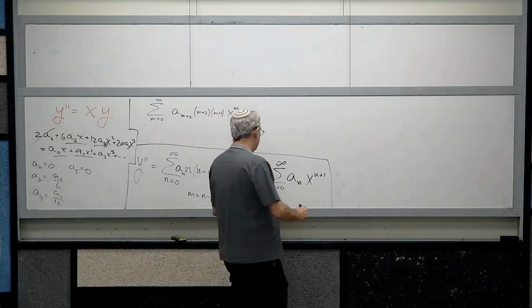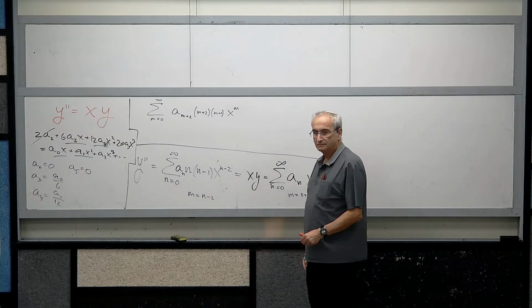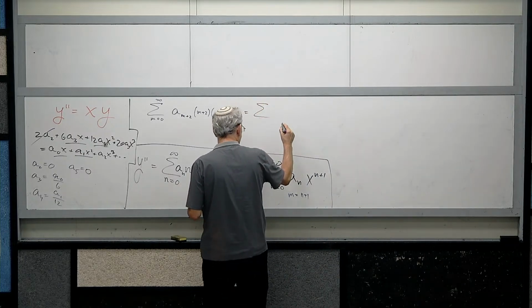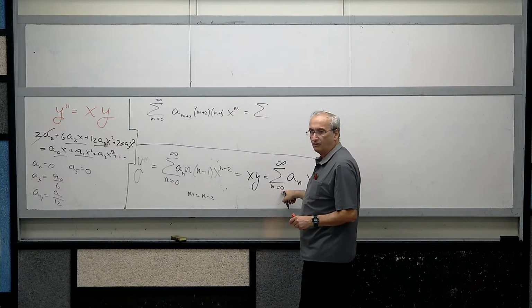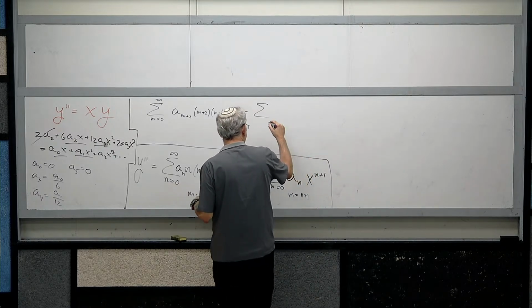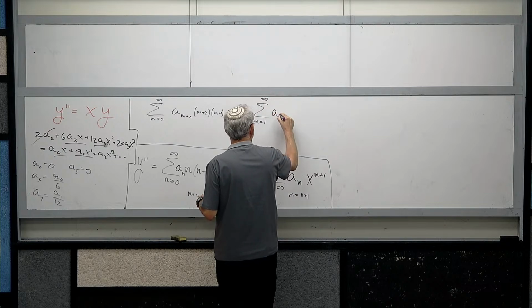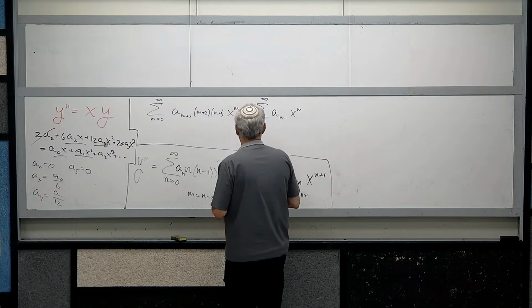Now, for this side, I will define m as n plus 1. And now this will be equal to the sum. But if m is n plus 1, then n equals 0 corresponds to m equals 1, so I will start from m equals 1. So I will have the sum from m equals 1 to infinity of a_(m-1) x to the m.